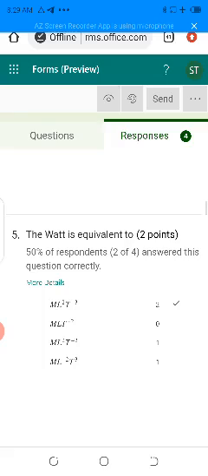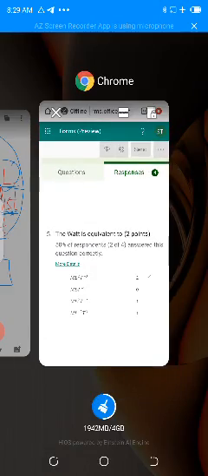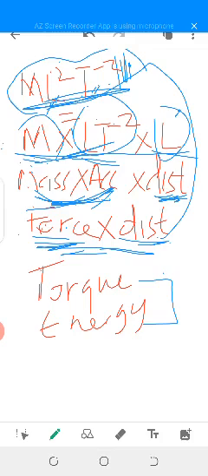Next question, the watt is equivalent to the formula for watt. Wattage is the unit of power, and power, I'm talking about mechanical power now, is the work done over time. Let's look at this, the work done over time. That is power.